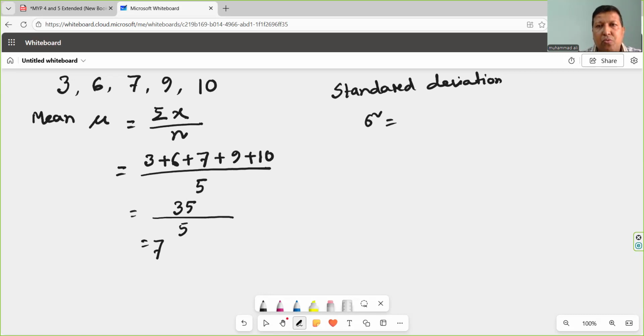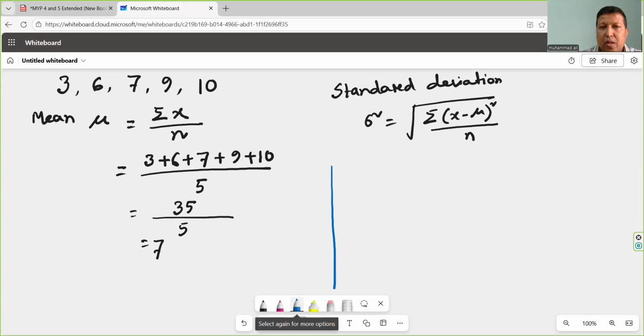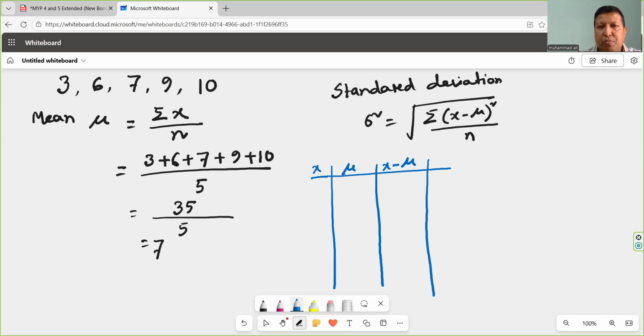And standard deviation, sigma equals root over summation x minus mu whole square by n. To find x minus mu, we can form a table. This is x, this is mu, and that one is x minus mu.